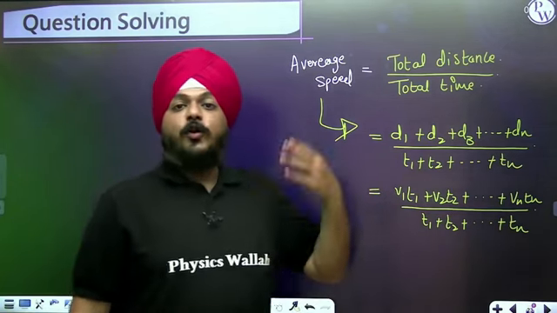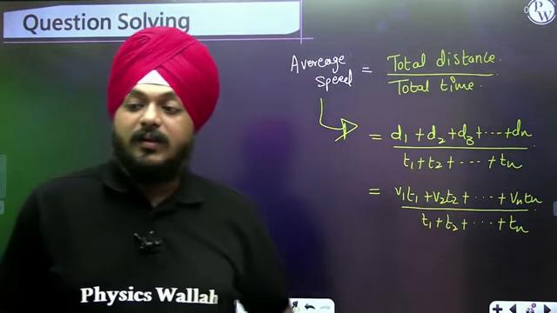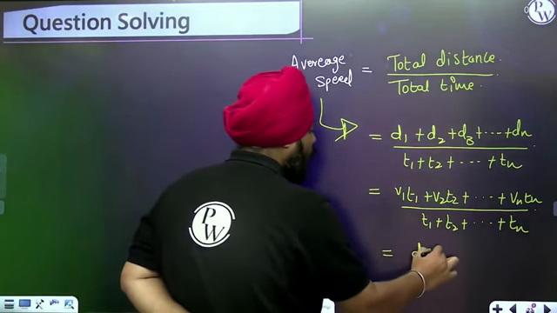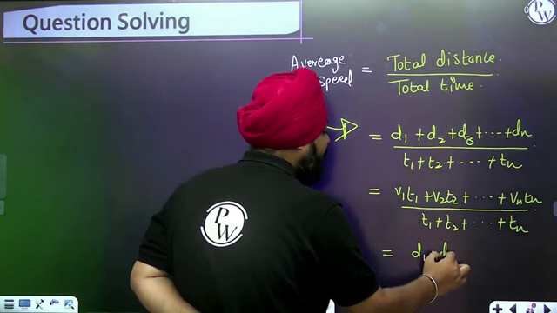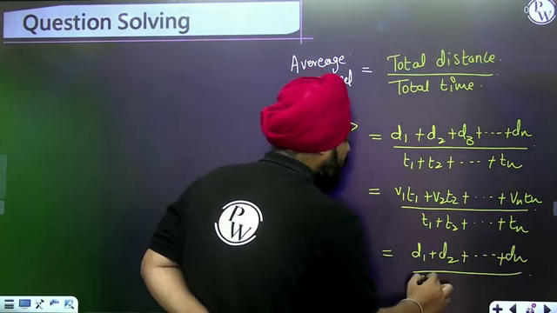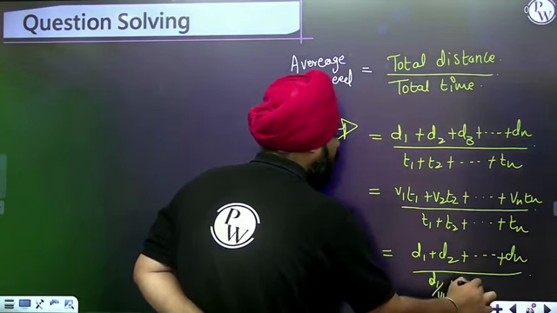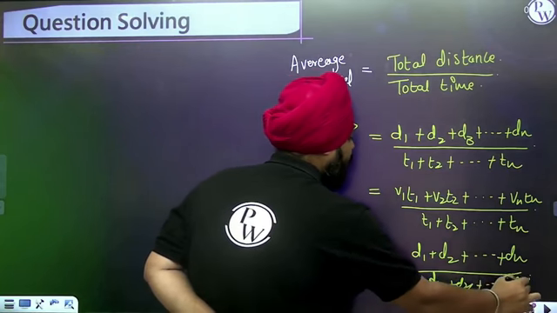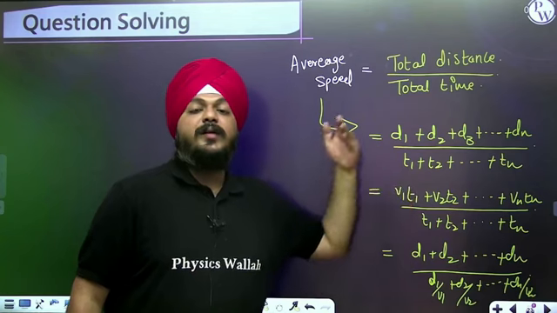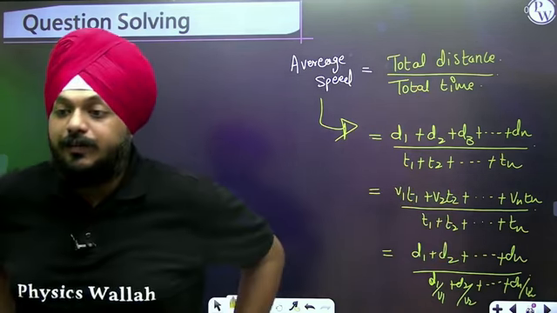Suppose you don't have any data about time, and only the distances and velocities are given. Then we can use this formula: total distance divided by d1 by v1 plus d2 by v2 plus dot dot dot plus dn by vn. So depending on whatever data is given in the question, we can directly use the specific formula.